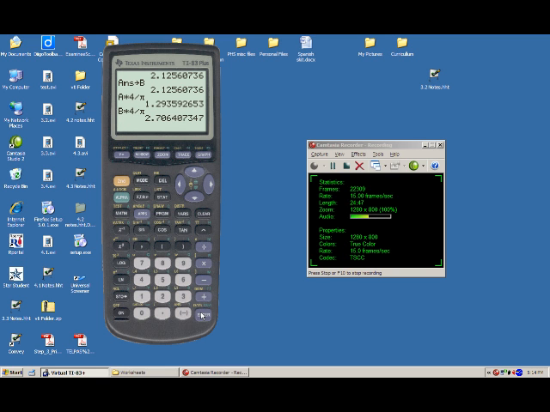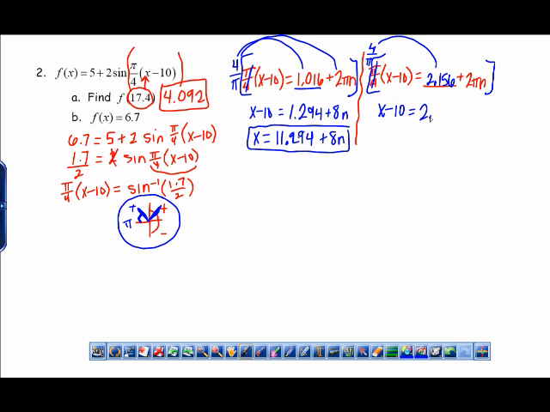So 2.706, and then when I distribute here, again I get 8n. And when I add 10, I have 12.706 plus 8n. And this is my other general solution.